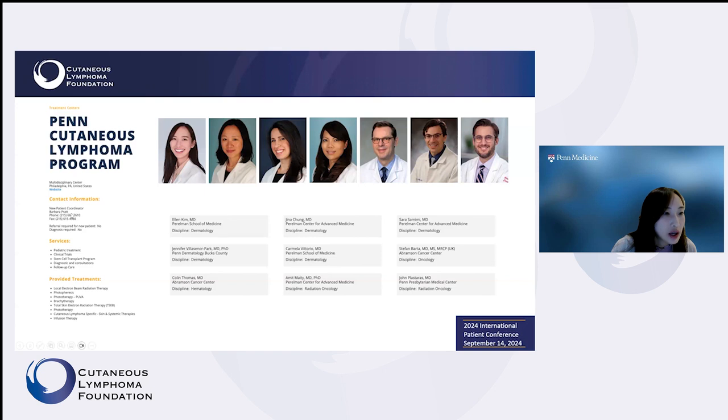And you can see how to contact our patient coordinator so that you can get scheduled to be seen. You can see the types of treatments that we provide, including radiation treatment. And you can see the list of doctors, so it includes myself from dermatology, as well as other dermatologists, oncologists, and radiation oncologists.